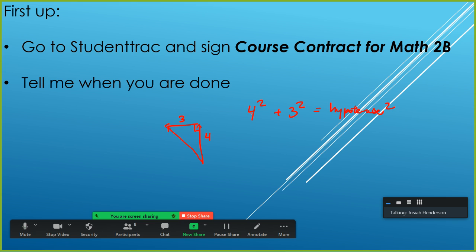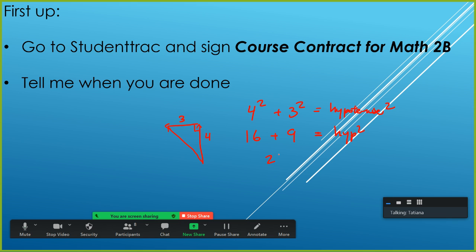That's why we're doing 4 times 4 and 3 times 3. 16, yes. It's 4 times 4. Good. And then 3 times 3? 9. So you've got 16 plus 9. What do those come to?